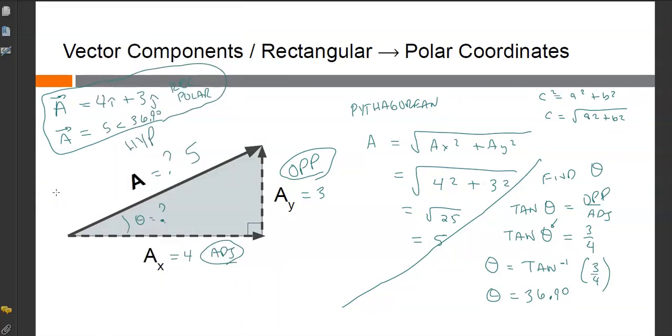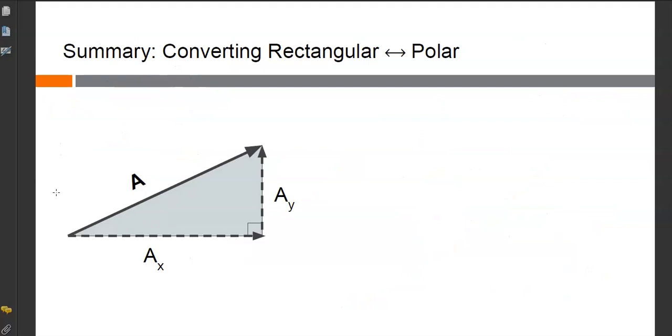All right. So just real quick, here is the summary of this thing. If I want to go from rectangular to polar, then what I need to do is to say my vector, let me put an A there, and you could change it to anything you want, but the length of that, like we just did, is going to be the square root of a sub x squared plus a sub y squared.